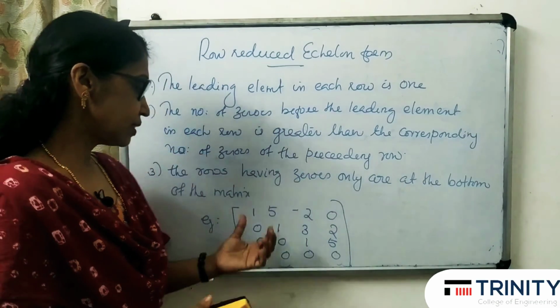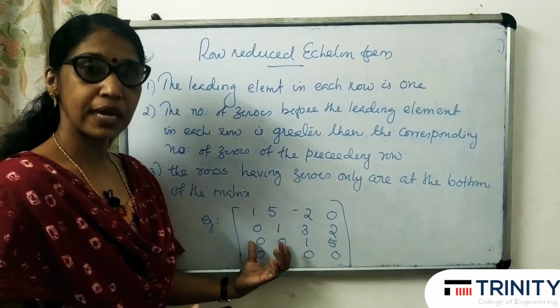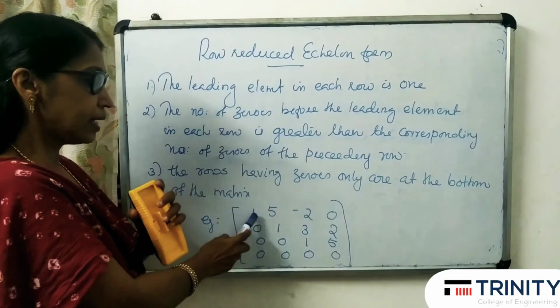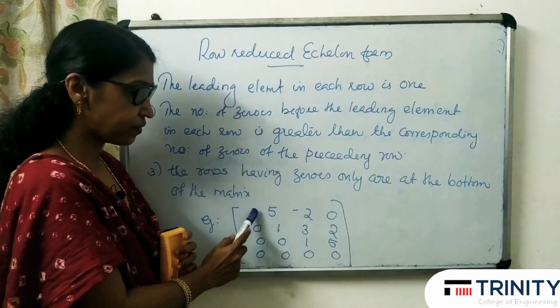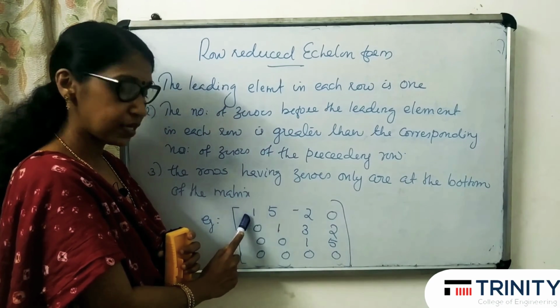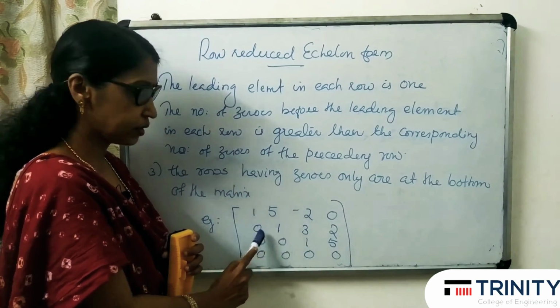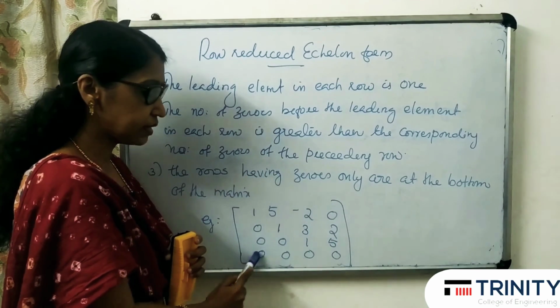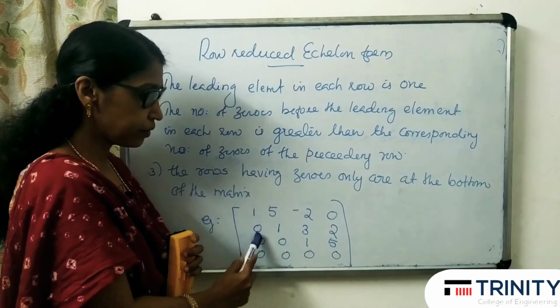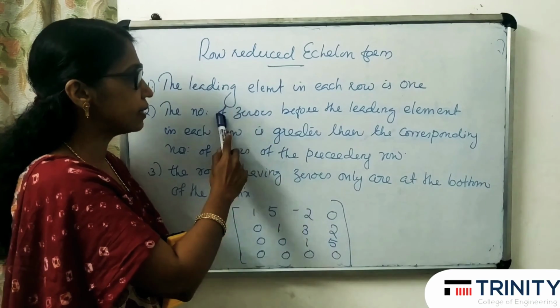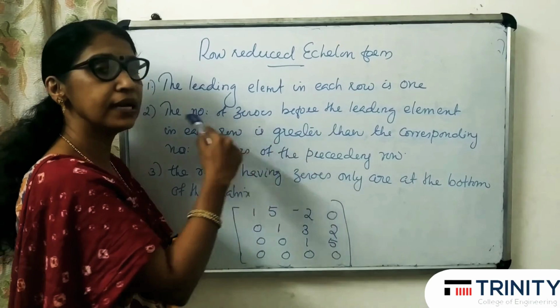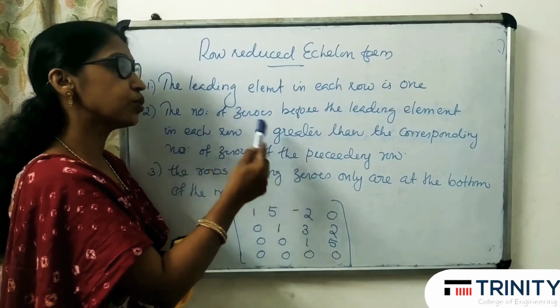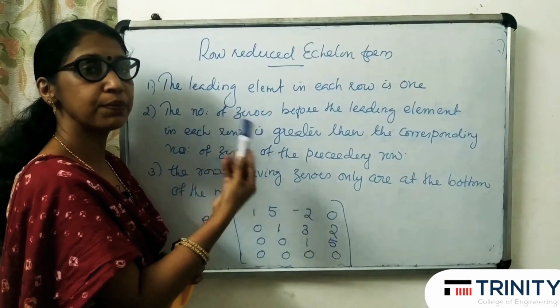This is an example of a row reduced echelon form matrix. Look at this, the leading element in each row is 1. The first row, first element is 1. Coming to the next row, the leading element is 1. Here also the leading element is 1, and the last row is 0. The second condition is that the number of zeros before the leading element in each row is greater than the number of zeros in the preceding row.